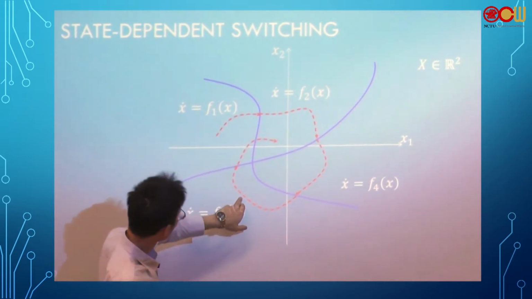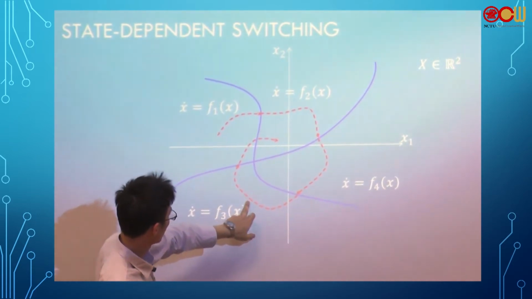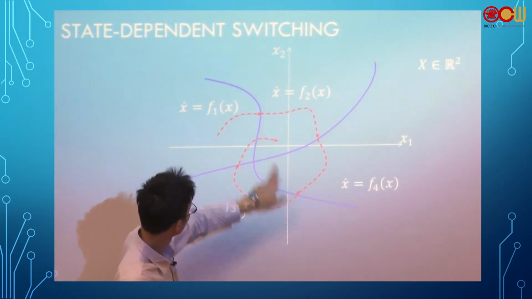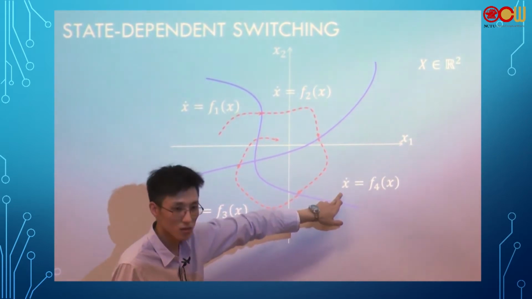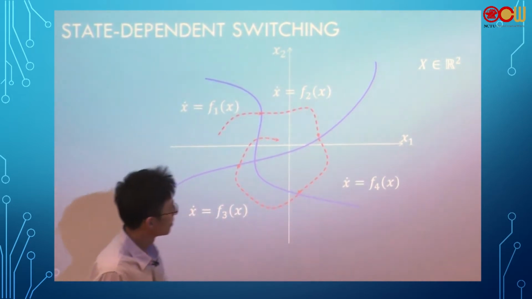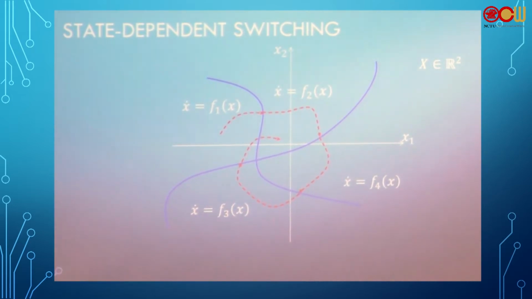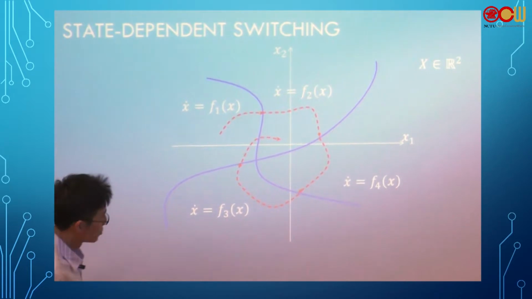So every point on this surface is a state. When your state is here on the boundary of this line, it will switch to another system. Okay, that's state dependent switching.